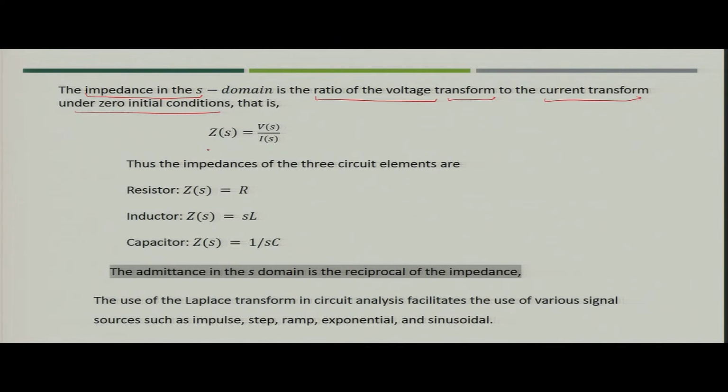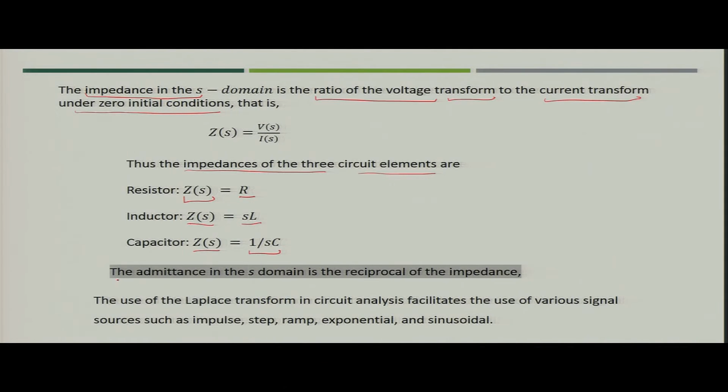So, we can write the impedance Z(s) in S domain as nothing but V(s) upon I(s). The impedance of the three circuit elements which we discussed will become: Z(s) for resistance will be only R, for inductor Z(s) is equal to sL, and for capacitor Z(s) would be 1 upon sC.